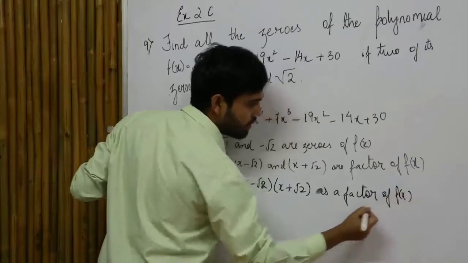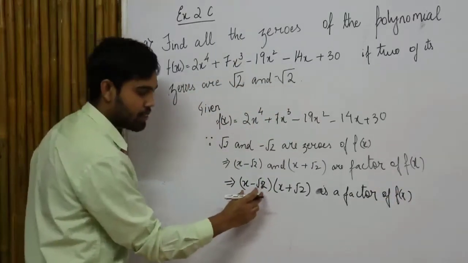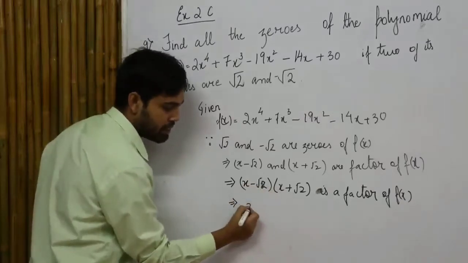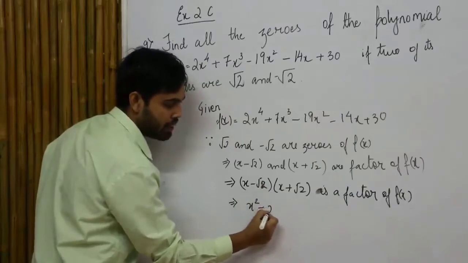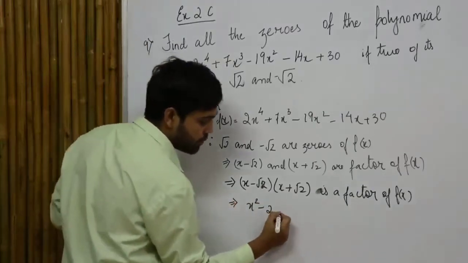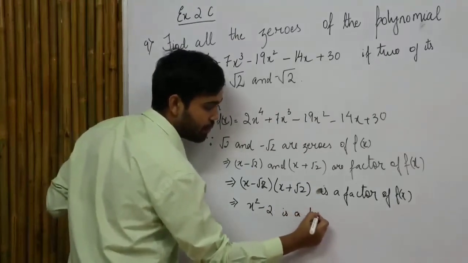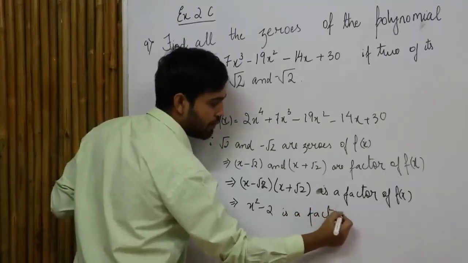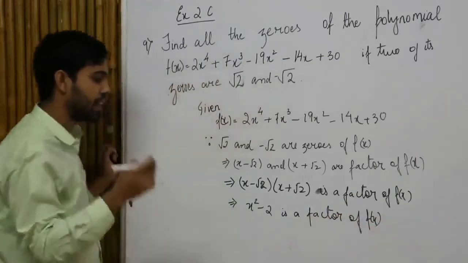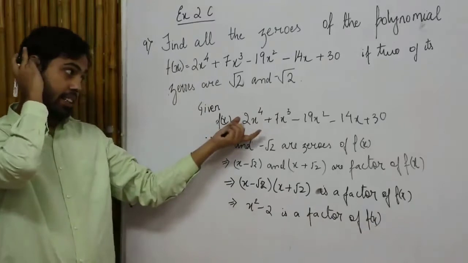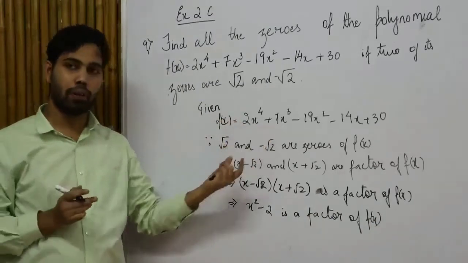When I solve this, I have something of the form a minus b, a plus b, so this is a squared minus b squared. Root 2 squared will be 2, so x squared minus 2 is a factor of f of x. As I told you, a factor is something that will divide this polynomial.